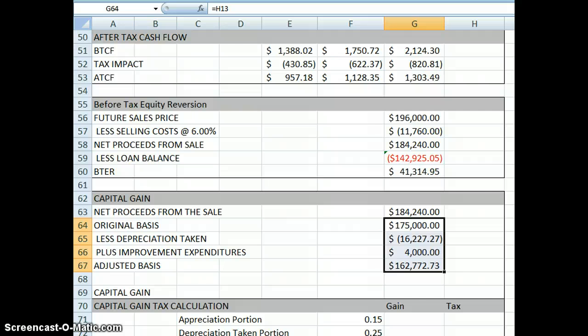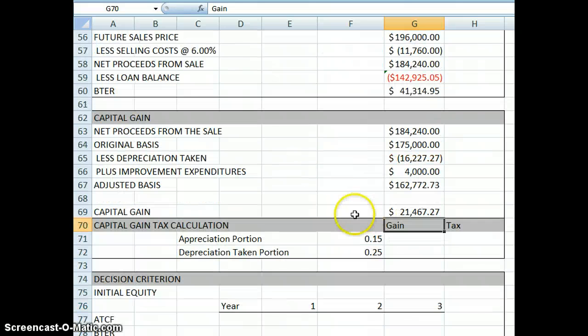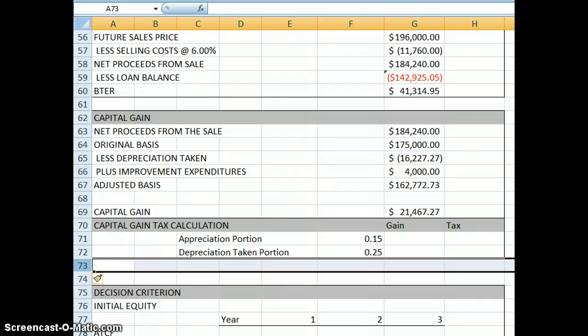Alright, so now we can figure out our capital gain, which is our net proceeds minus our adjusted basis. And now we need to figure out our tax. So we're going to actually add another line in here.